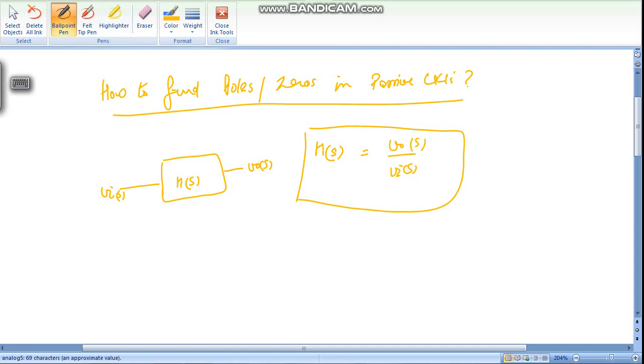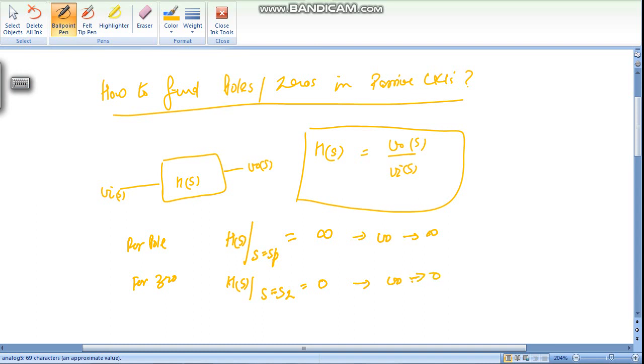Now for a pole, at s equals sp, the transfer function becomes infinity, and for a zero the transfer function equals 0. You can also say that at a pole the output is infinity, and at a zero the output goes to 0.